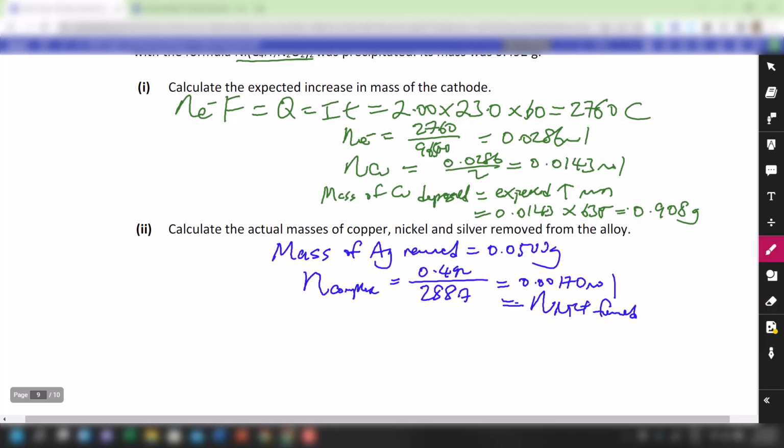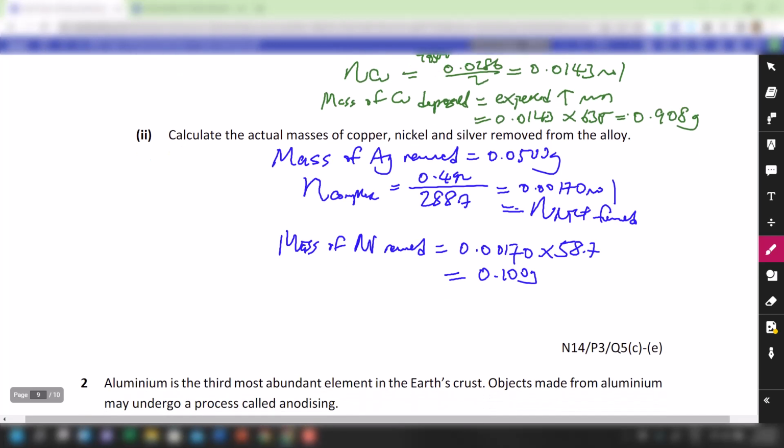So the mass of nickel removed equals 0.00170 multiplied by the relative atomic mass, that's 58.7, and we'll end up with 0.100 grams.